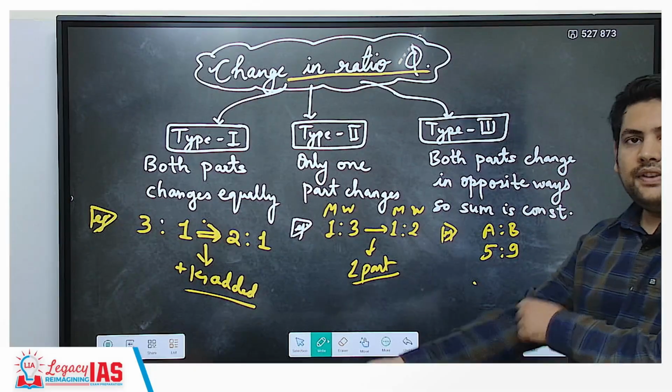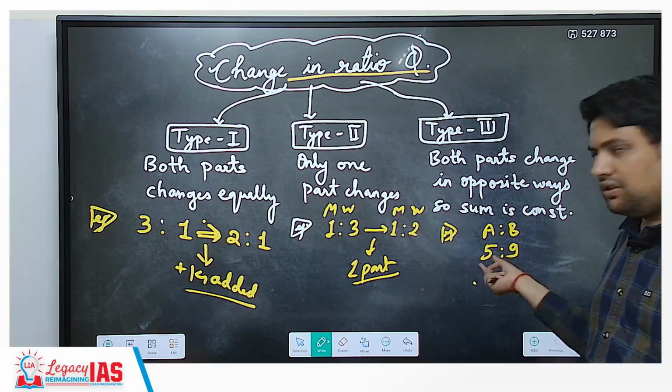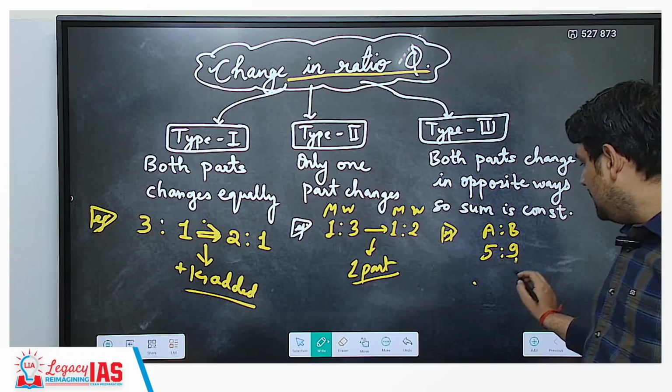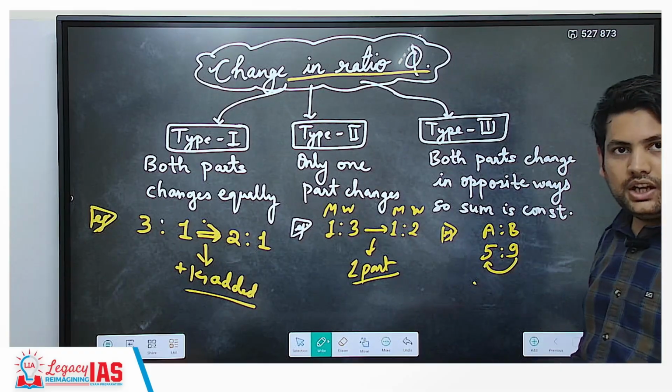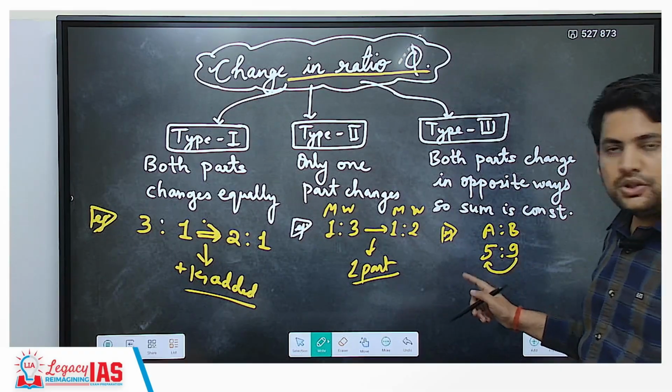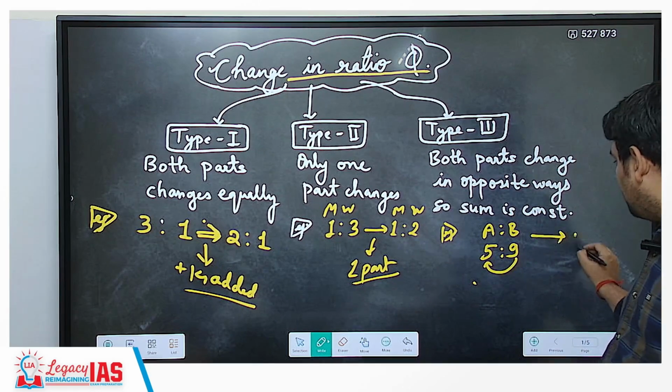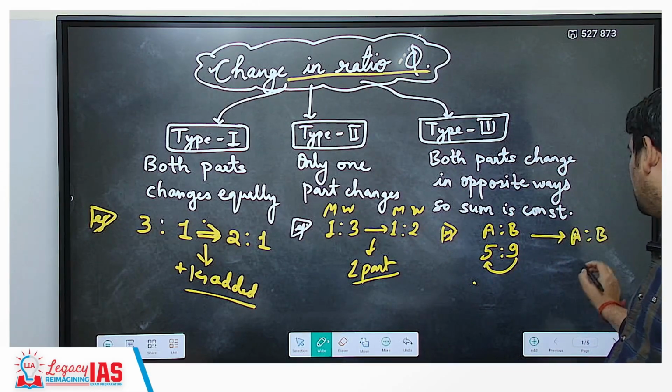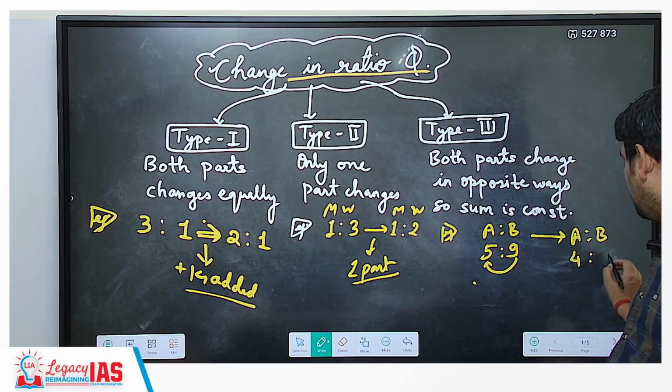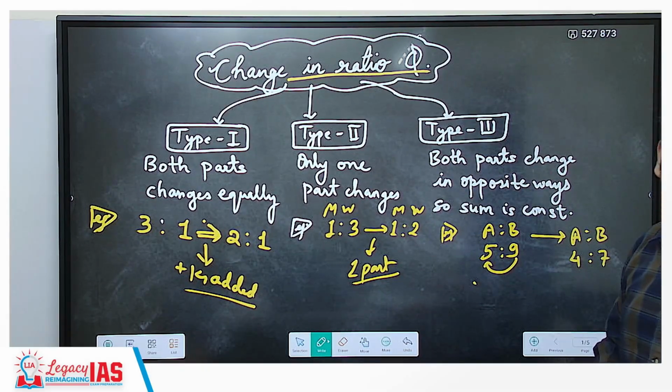Now if A and B have marbles in the ratio 5:9, now B gives some marbles to A. And the new ratio of A:B becomes 4:7, correct? The new ratio becomes 4:7.